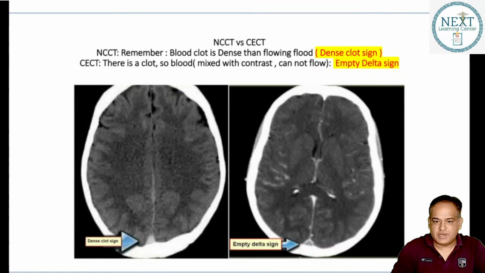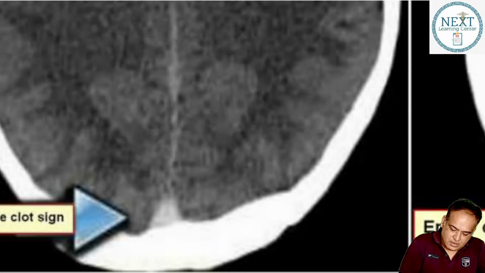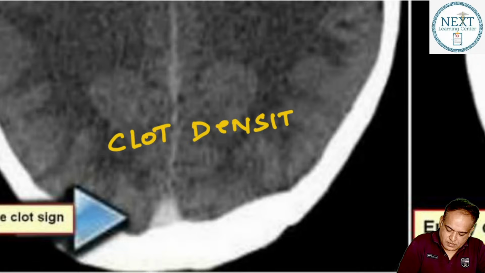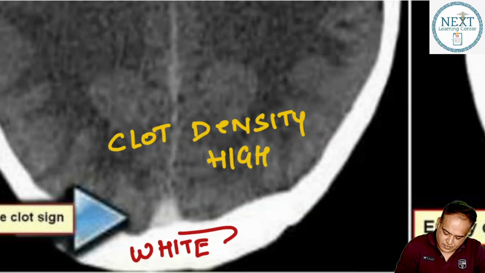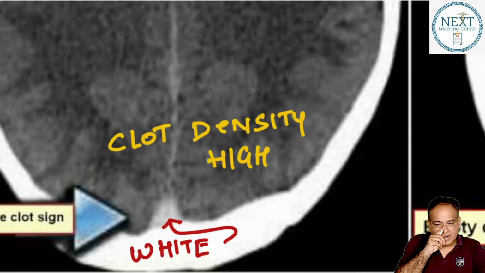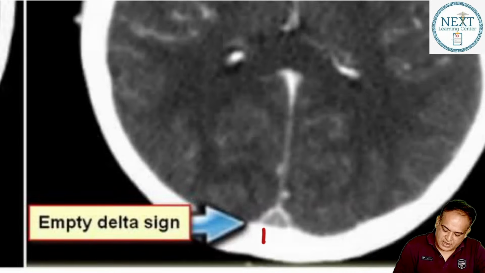Now, in venous sinus thrombosis, when you do the non-contrast CT, remember clot density is high. So you will get to see something white over here. But when you get the contrast CT, you will see decreased density.